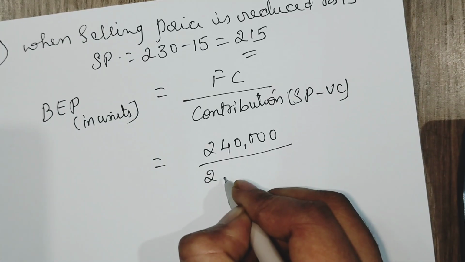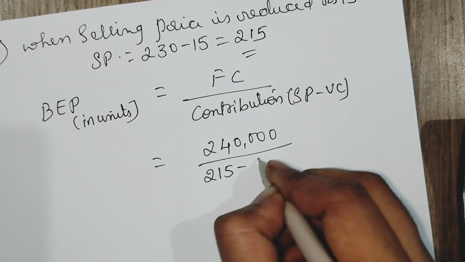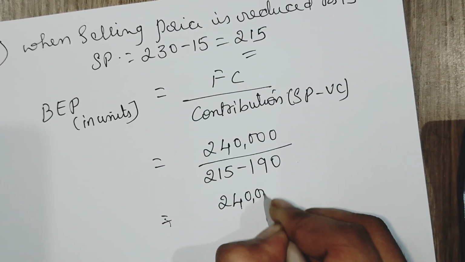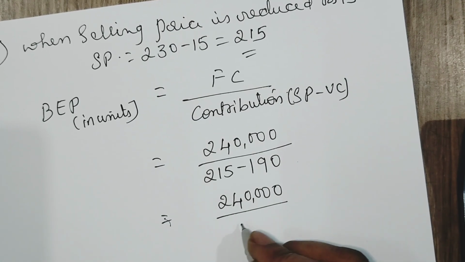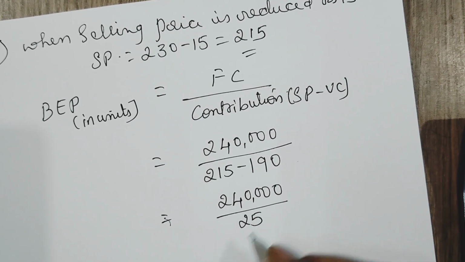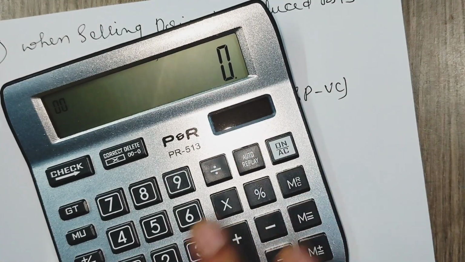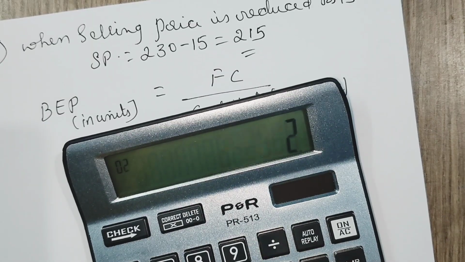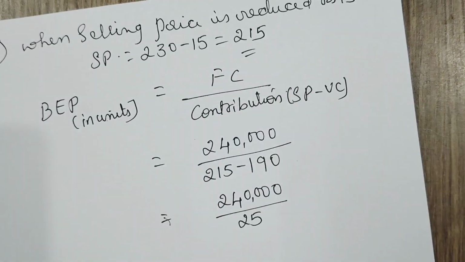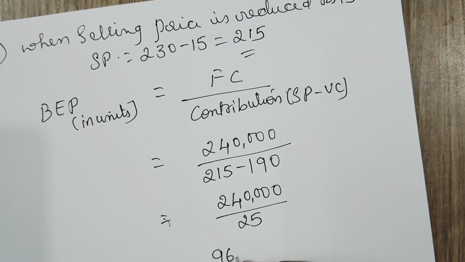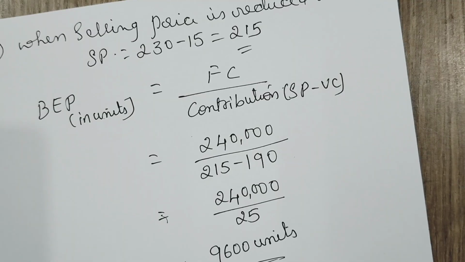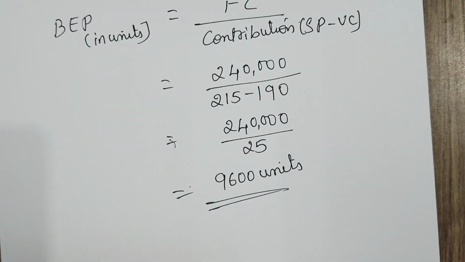So 2,40,000, with new selling price 215 minus 190, which is 25. 2,40,000 divided by 25 is 9,600 units.